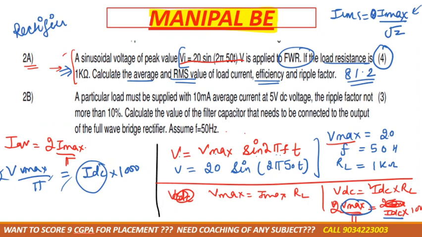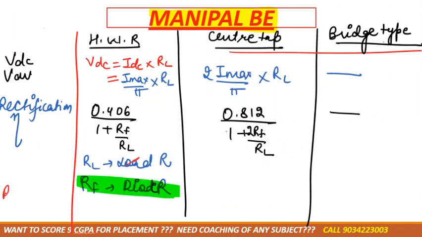Next we need to calculate the ripple factor. Now see what the formula for the ripple factor is. Ripple factor is denoted by gamma and its formula is the square root of form factor squared minus 1, that is, kf squared minus 1.